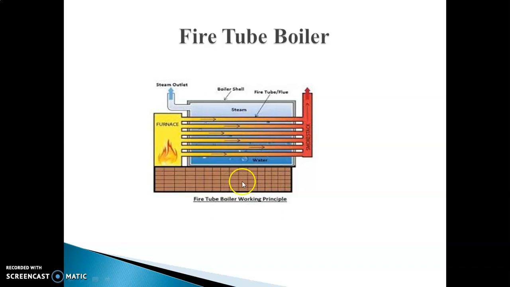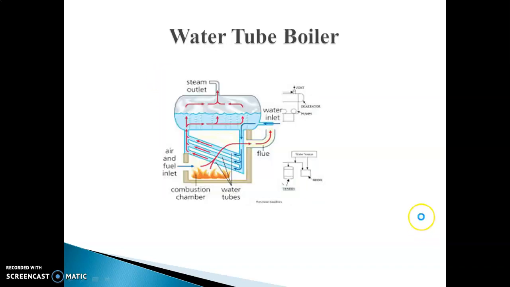Here there is a grate and a furnace. In the furnace, heat is generated. The hot flue gases flow inside the tube. Around the tube, water is there. Water is heated and steam is produced.